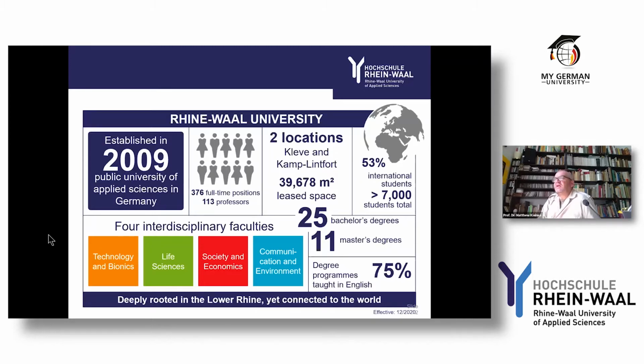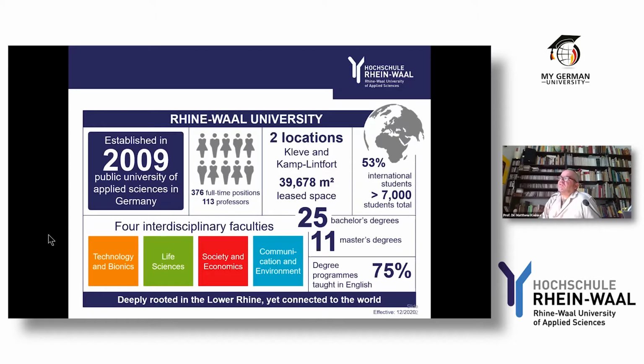Here you see a nice overview of the information about our university. Very special is, first, that we are a quite young university. We were established in 2009, are a public university, and have, as Georgi said already, about 7,000 students.